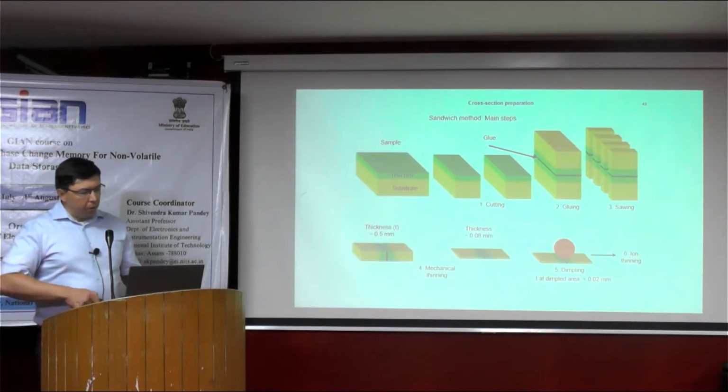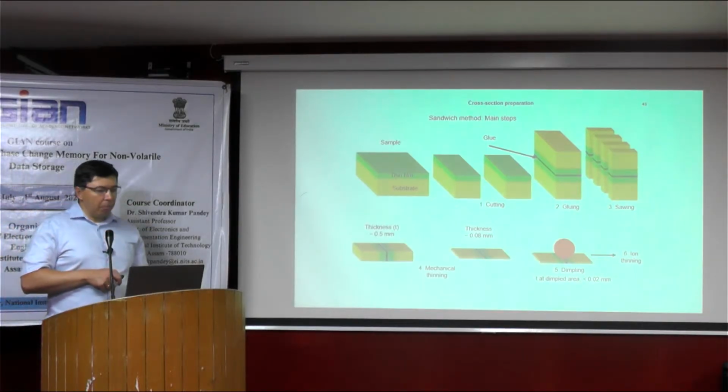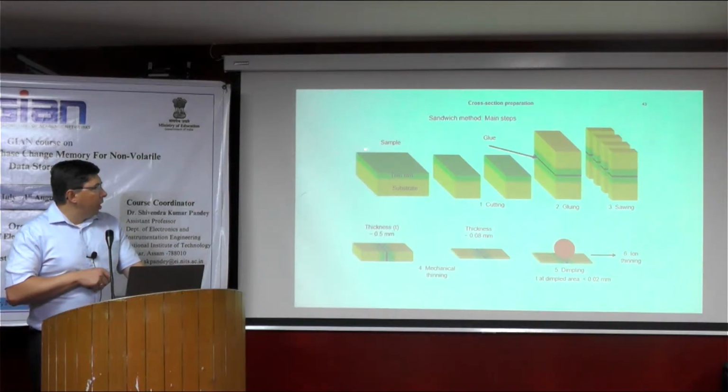For normal cross-sectional preparation, there are different steps. If you have a thin film attached to a substrate, first you have to reduce the size of your sample: you cut it into pieces, then glue them together, then slice the block into smaller blocks.